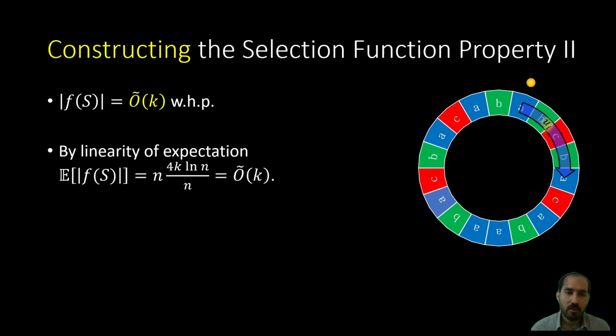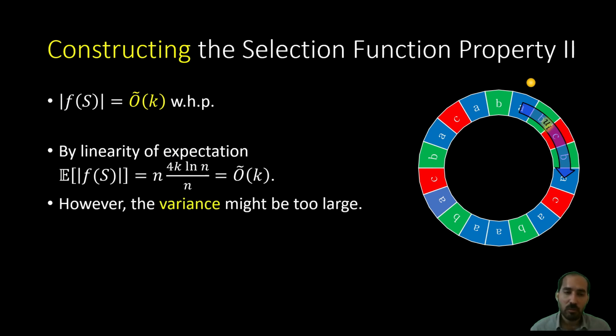So by linearity of expectation, the expected size of f(S), the expected number of positions we take, is O tilde of k as required. However, we want it to be not just in expectation, but also with high probability. And the variance here might be too large, which is a problem.